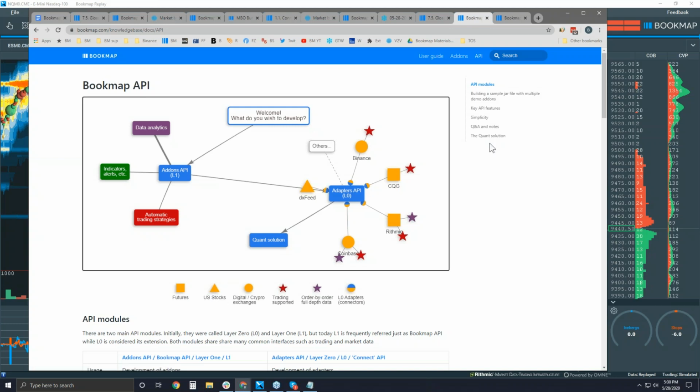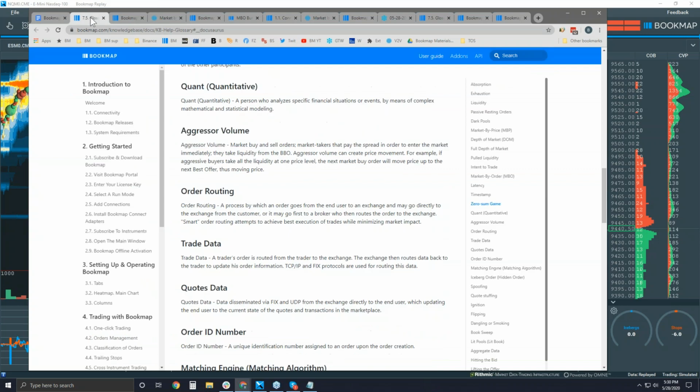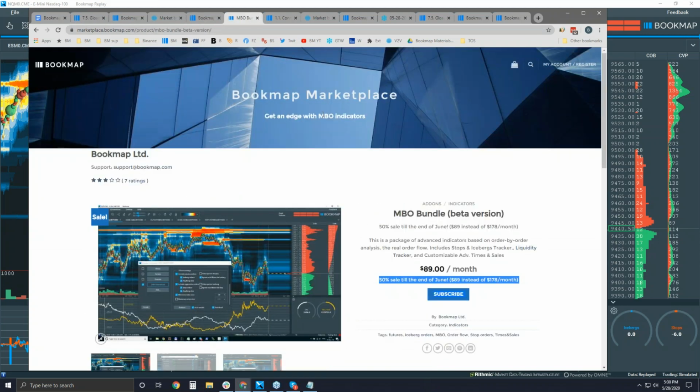That's exactly what our intent was with the Bookmap Marketplace, to open that up for you guys, so that you can code your own, or others can code theirs, and you can either purchase, or a lot of them are free as well on here. So you can browse through and start to customize Bookmap to look for the specific things that you want and that help you get an edge.